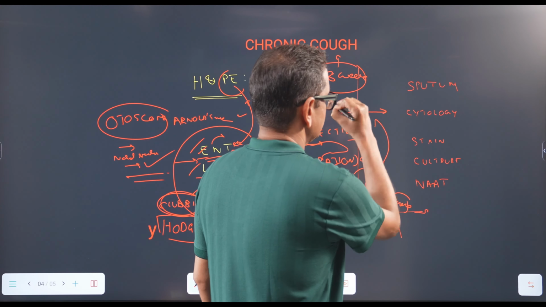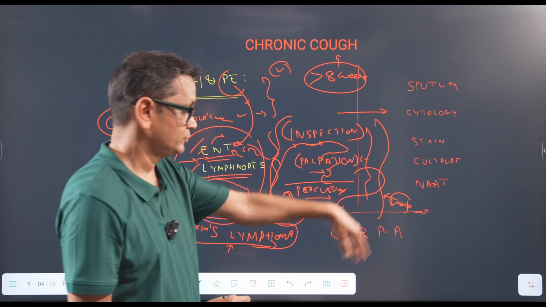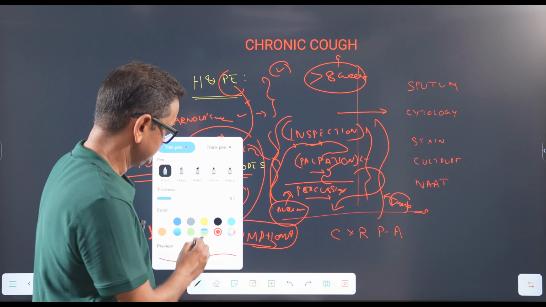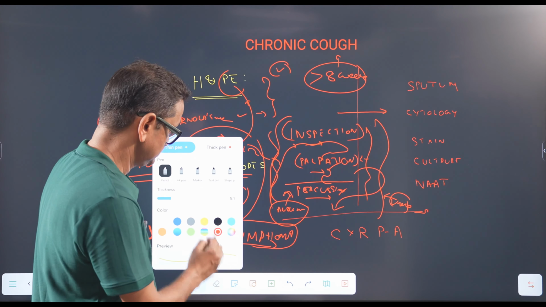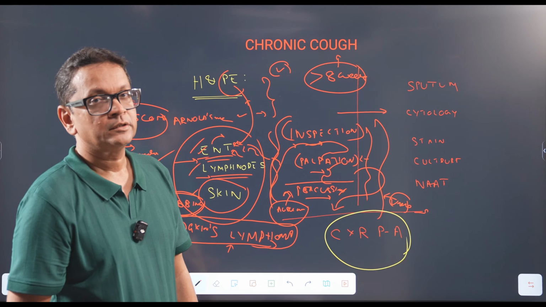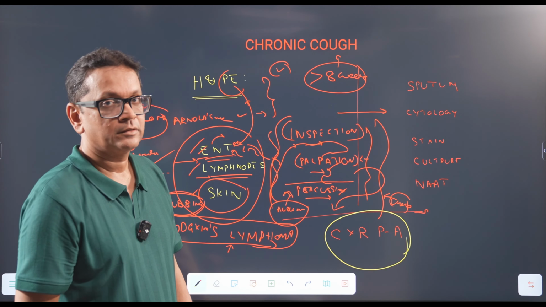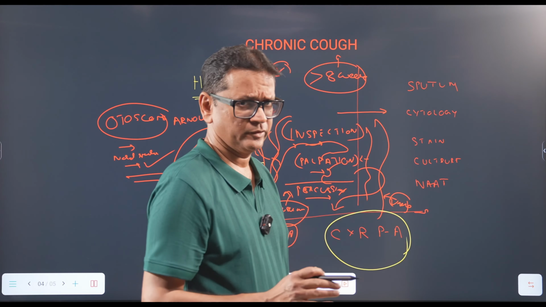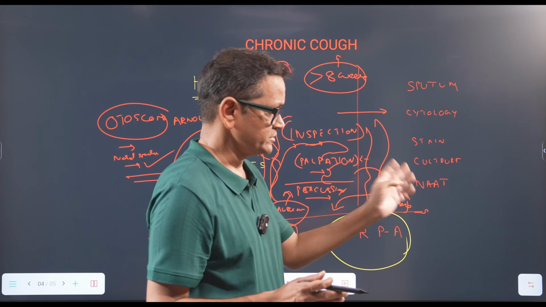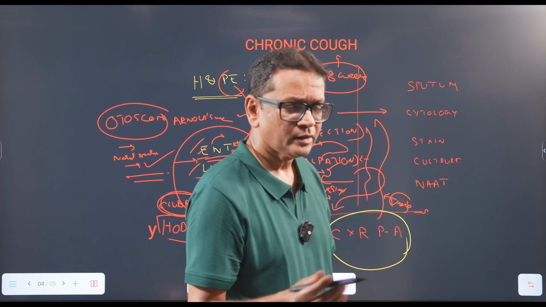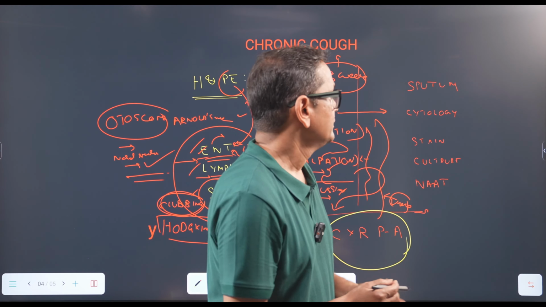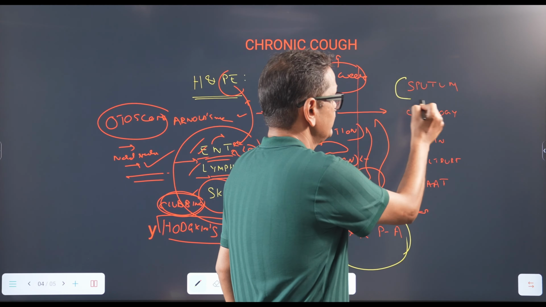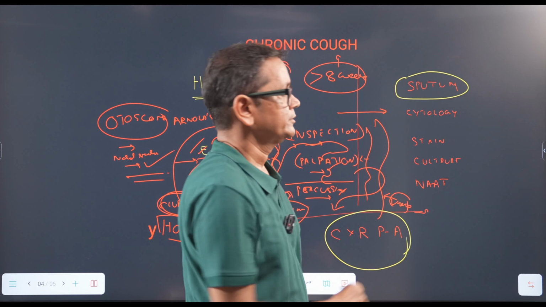So after physical examination, what do we have to do? There are two ways. One is chest X-ray. Most often it is PA view if the patient is mobile, or if the patient is bedbound, AP view only we can take. Sometimes lateral view also, depending upon the whims and fancies of the professor and radiologist. Other thing I have to do is sputum examination.